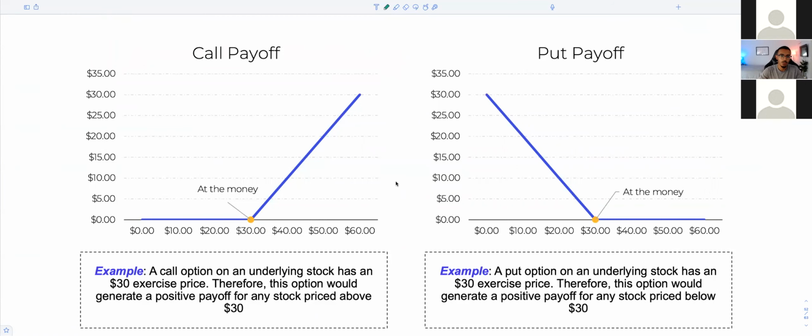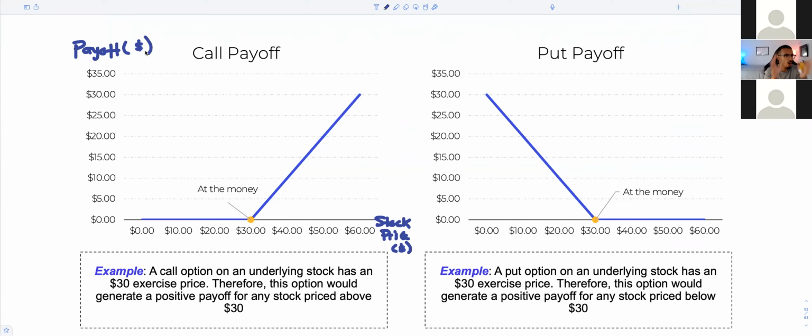I know it's a lot on the screen, but on the horizontal axis, you're going to have the stock price. And right here, you're going to have the payoff. Payoff is very bueno. Payoff is money in your pockets.